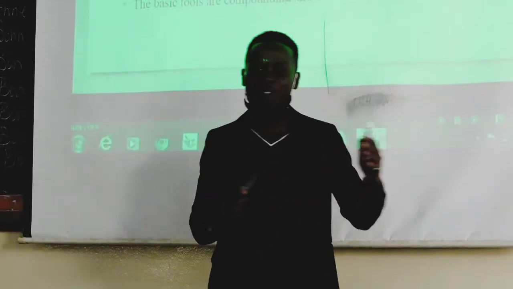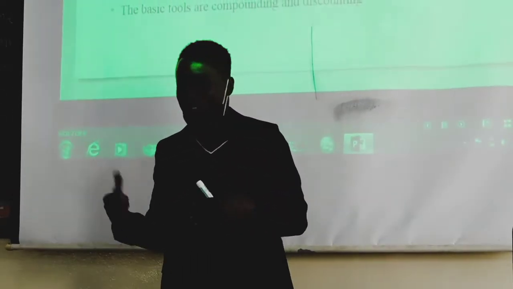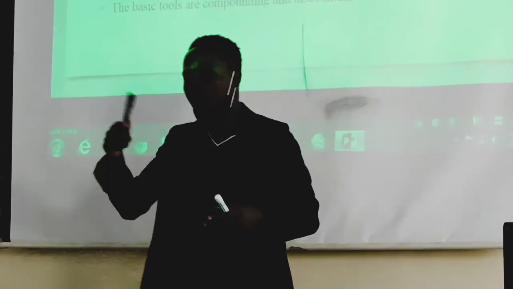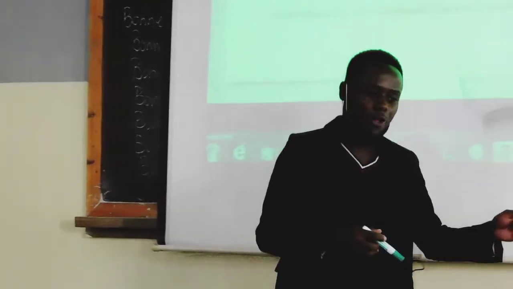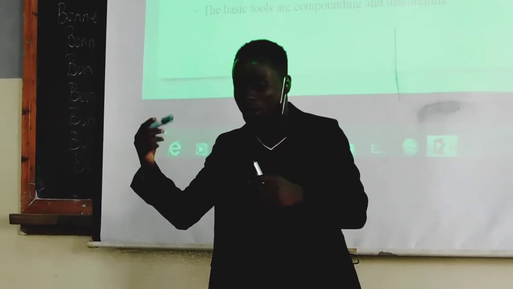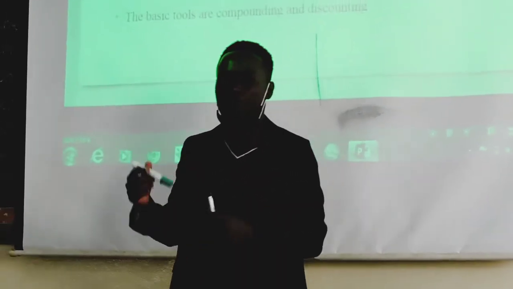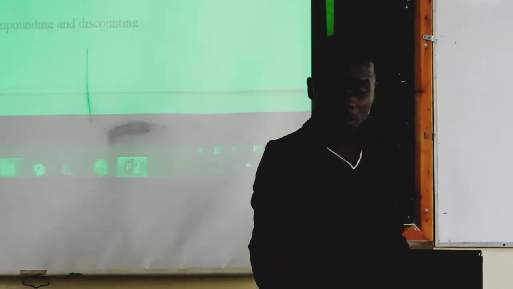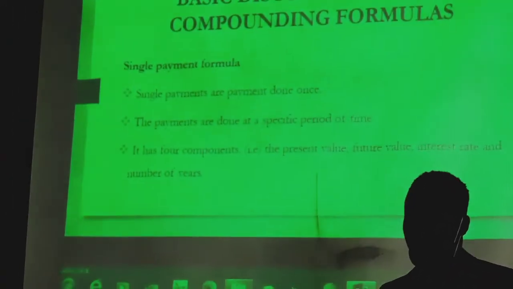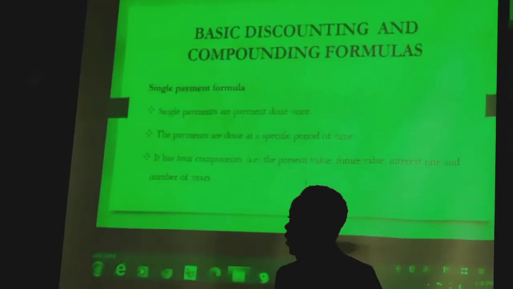So the opportunity cost for the one lending is covered in what we call interest. So compounding and discounting are differentiated using interest.